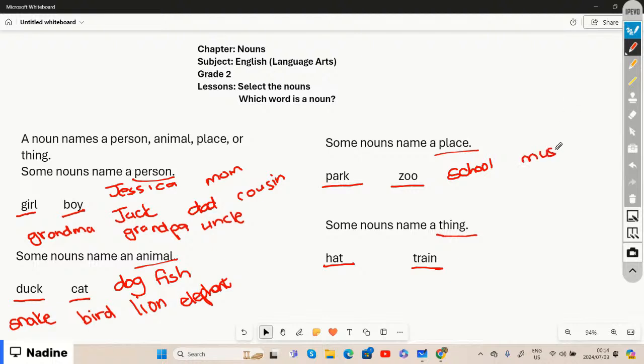Museum, maybe the mall instead of giving a specific name of the mall. So these, we even can say shops, right? So these are places, right? That nouns name. And like I say, it can be different places because usually nouns, it names general people, animals, places, and things.